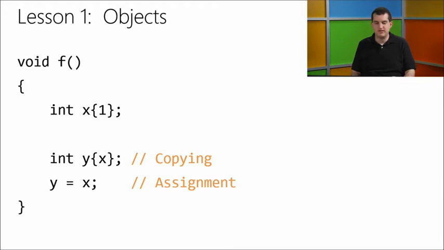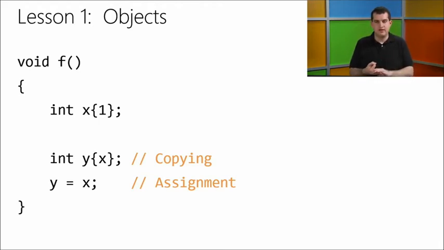So that's basically all that we need to know about objects. These are the fundamental things. Every object is just a region of storage, some bytes in memory. It has a type that tells us how we can use the object. For our integers, we're able to do integer things with them, like add them, subtract them, compare them, but we can't append to them like we could with a string, because there's no notion of appending to an integer.